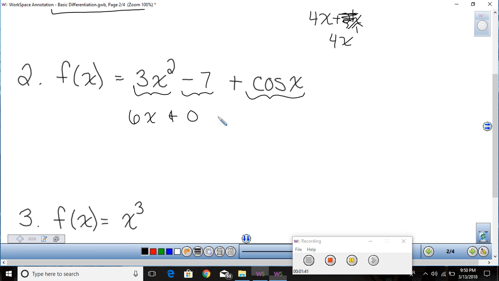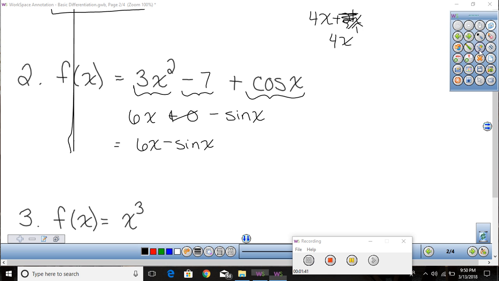And then the derivative of cosine is negative sine. So you have 6x minus sine x. And that is your derivative.